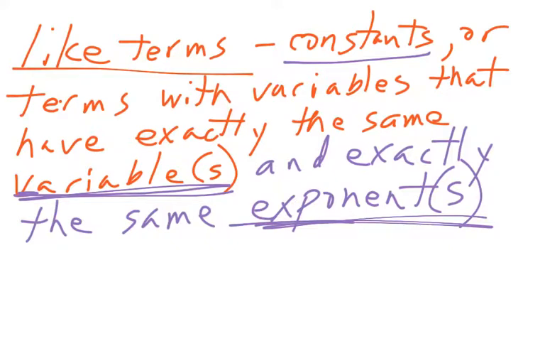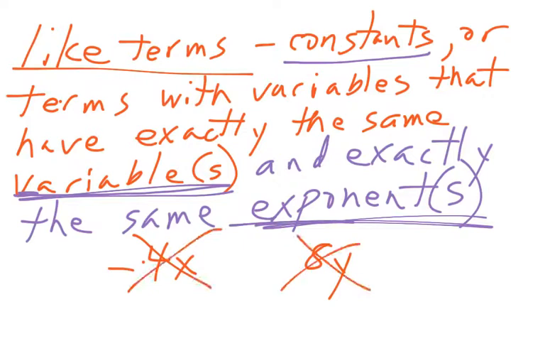So if we look at two different terms, I have negative 4x and 8y. Those are not like terms because they have different variables.